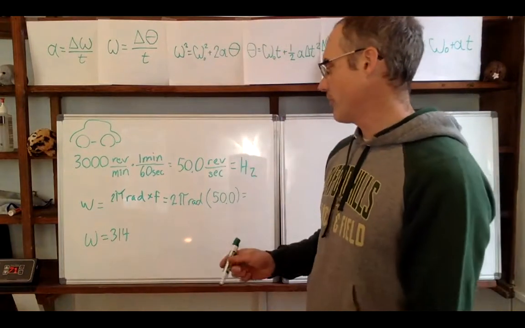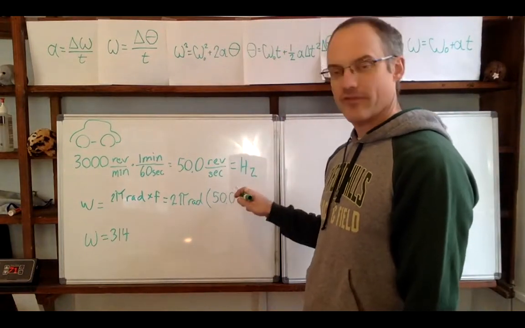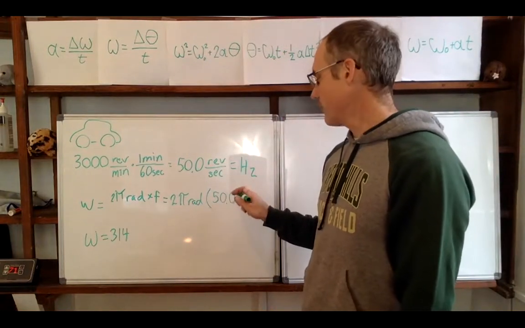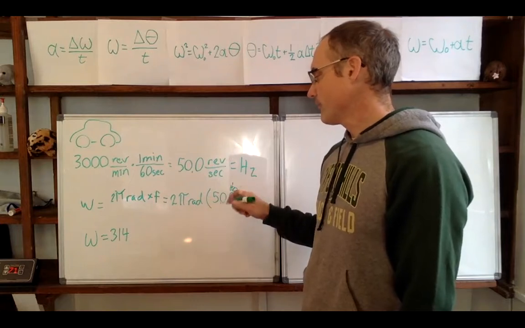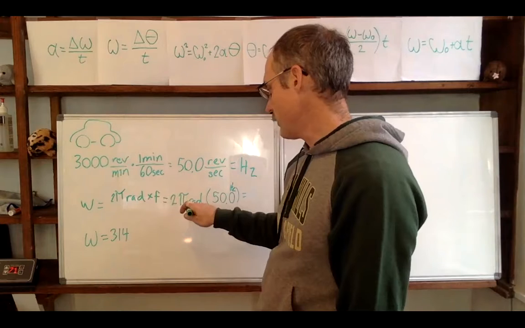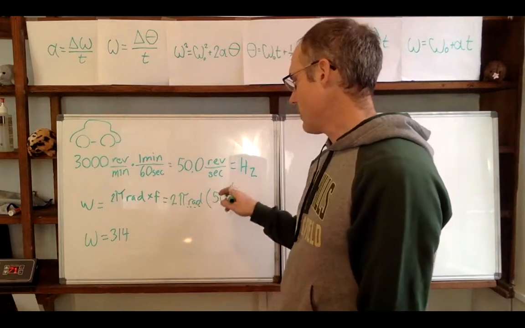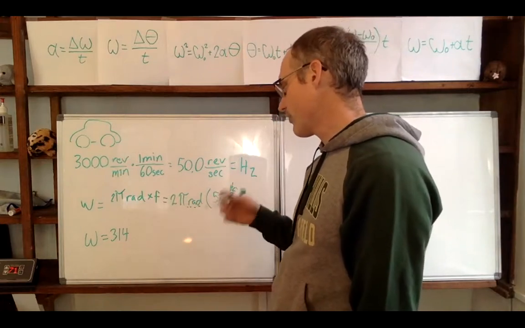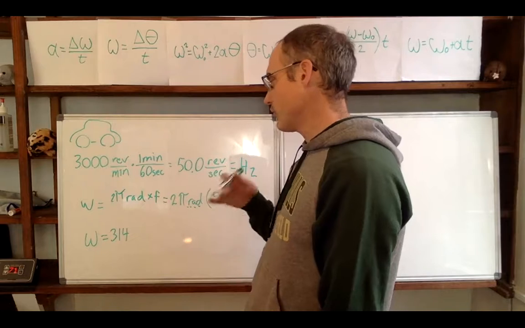So what's going on with our units here? I left revolutions off of there, but this is basically hertz, which means that you're going to have radians in there, and this is per second. It's 50 revolutions per second. Revolutions is gone.